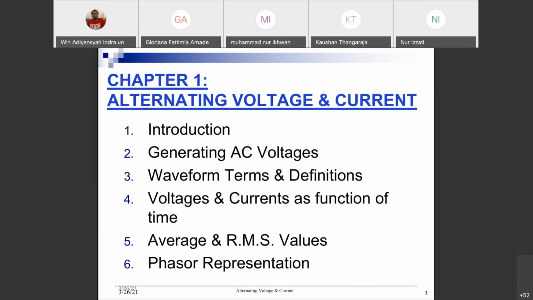Okay, chapter 1 is on alternating voltage and current. I will try to give you some background on this topic.